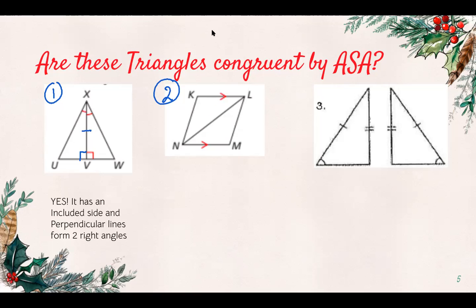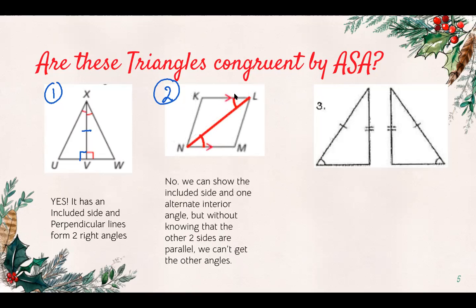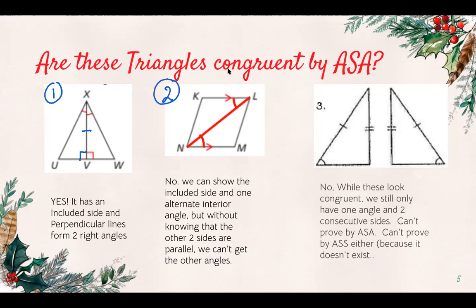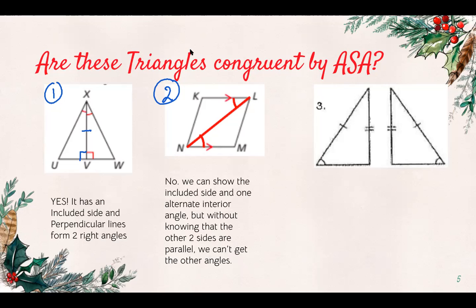The big deal with this one is we have some parallel sides and a transversal. So this is something that we're going to be doing today a little bit. Anytime we have some parallel sides, like this right here, KL is parallel to NM, we can create alternate interior angles.